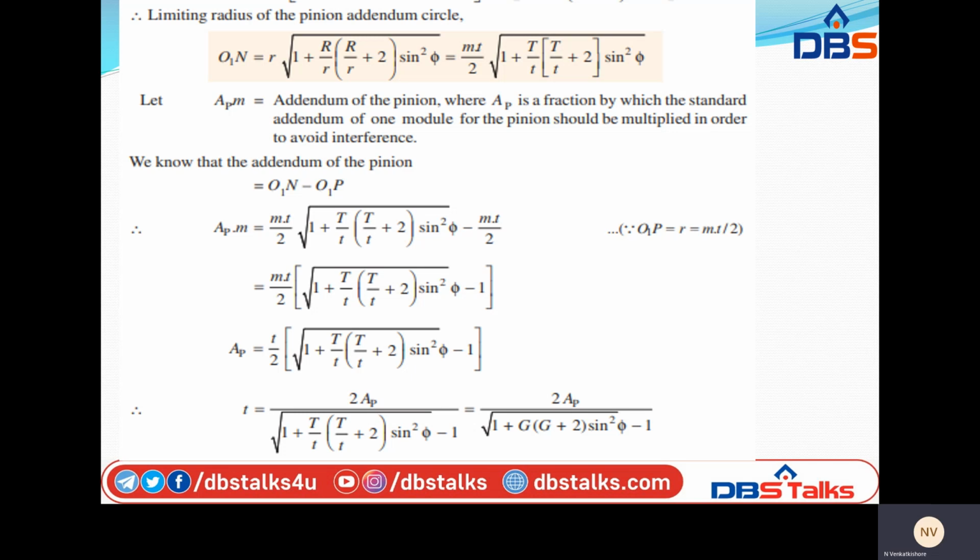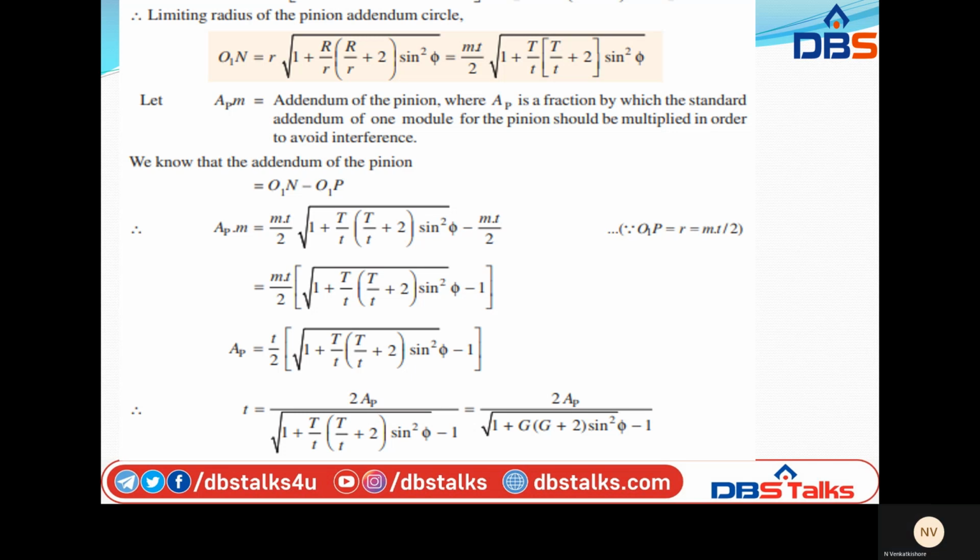Small t, that is the pinion teeth, is equal to 2 into AP by the square root of 1 plus capital T by small t into (capital T by small t plus 2) into sine square phi minus 1. What is capital T by small t? It is equal to capital R by small r, that is the gear ratio. So instead of capital T by small t, we may put gear ratio capital G also.